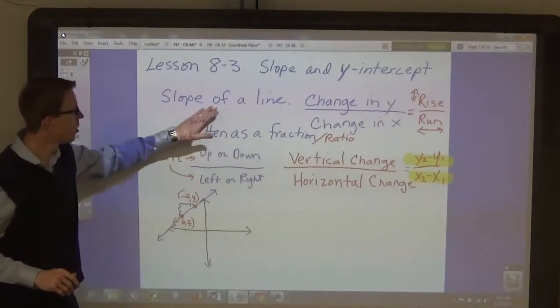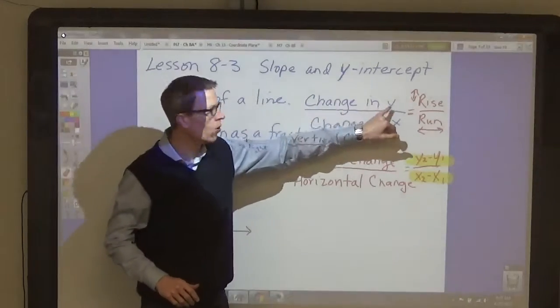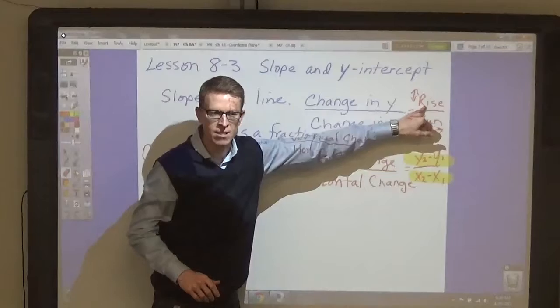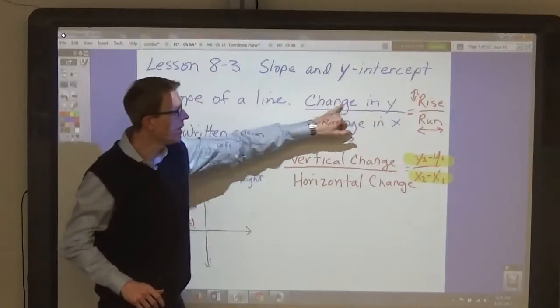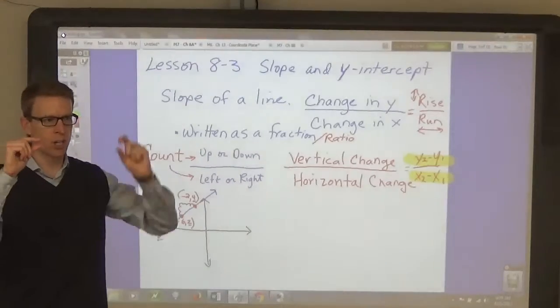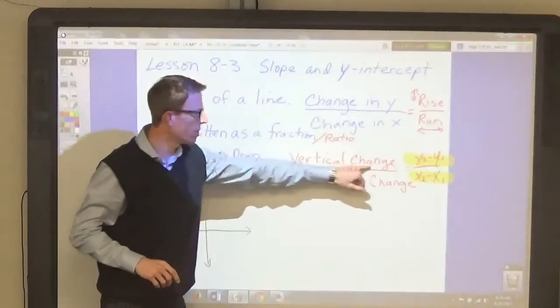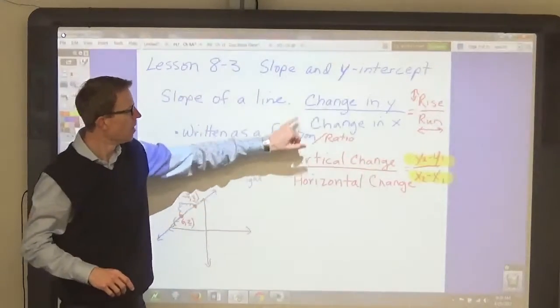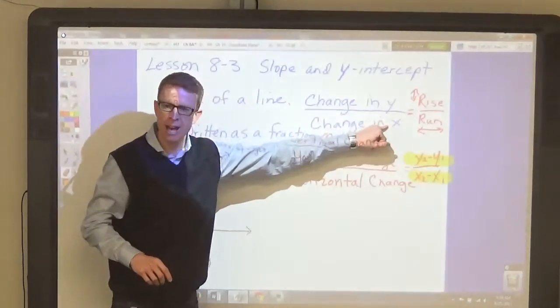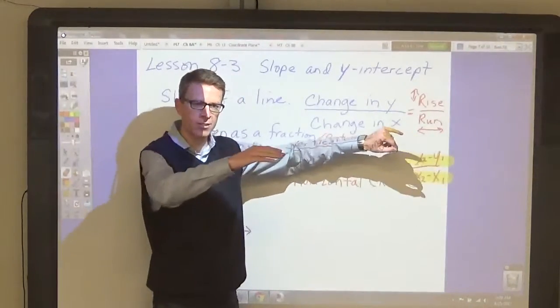All right, the slope of a line is how much it goes up, or called the rise. The change in the y means that the y-coordinate changes, or it's called the vertical change, over the change in the x, also known as the run, or the horizontal change.